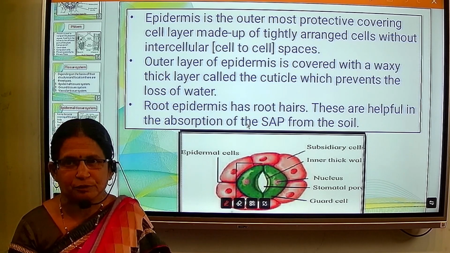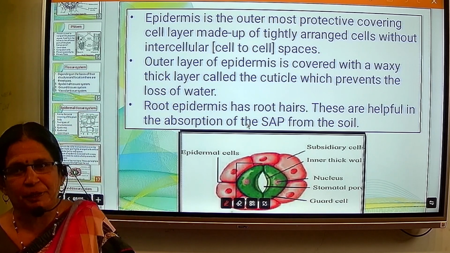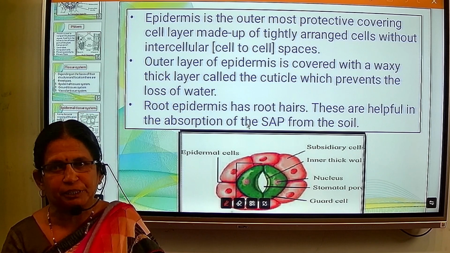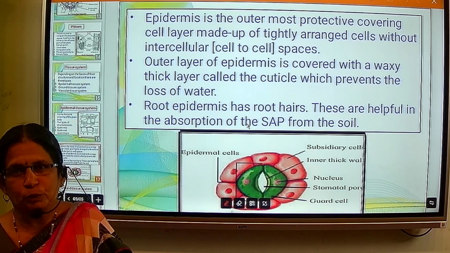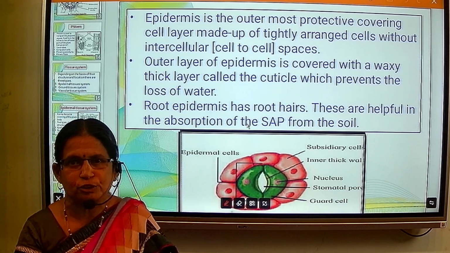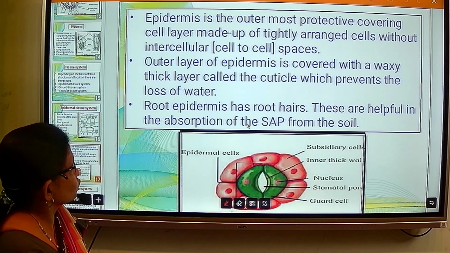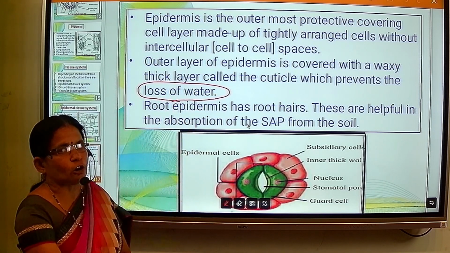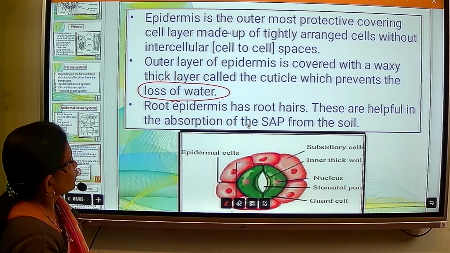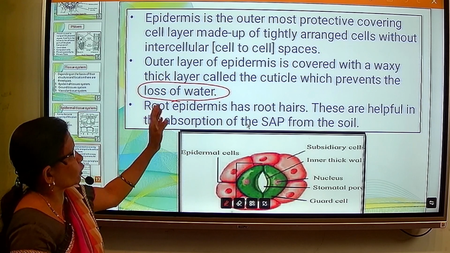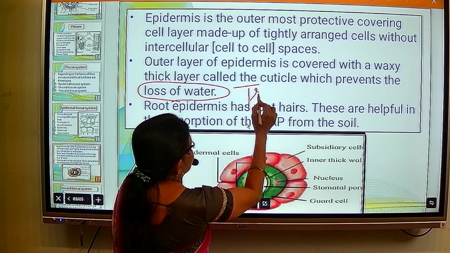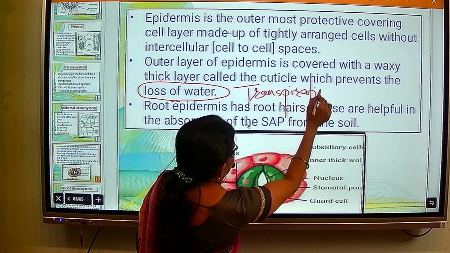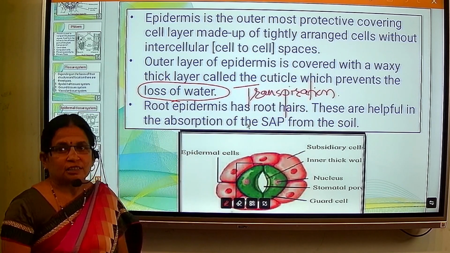Second character: the outer layer of the epidermis is covered with a waxy layer called the cuticle, which prevents the loss of water. This is the main function of the cuticle, and the loss of water is called transpiration.